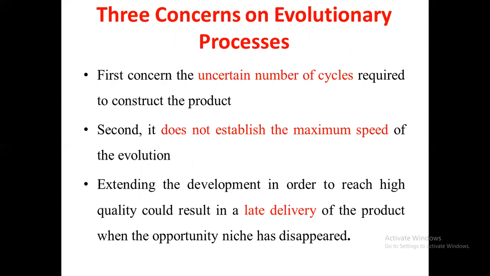Similarly, the speed of evolution is also uncertain. And the last one is extending the development to reach the quality, because we are going to give the project earlier. So to achieve high quality, we may not know how much time we can delay so that we can get a better quality of the product. So this is regarding the spiral model.